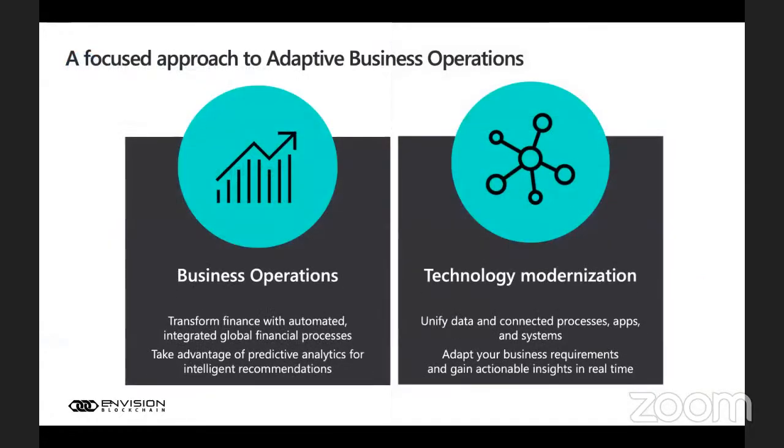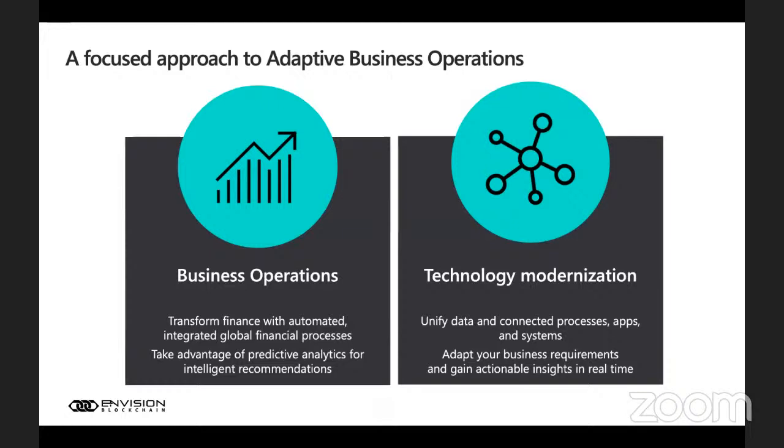So again, to recap the focused approach to adaptive business operations, we talked about the two pillars: business operations and technology modernization. I think maybe next month, we'll get into the technology modernization and the infrastructure that supports all this.